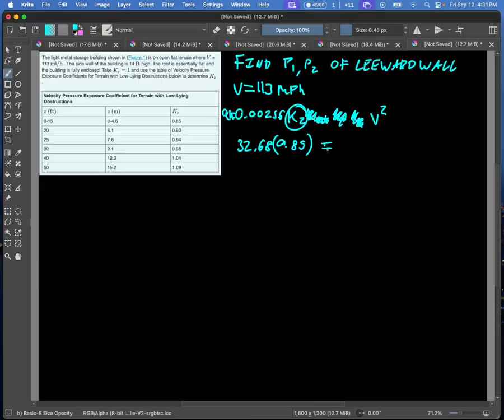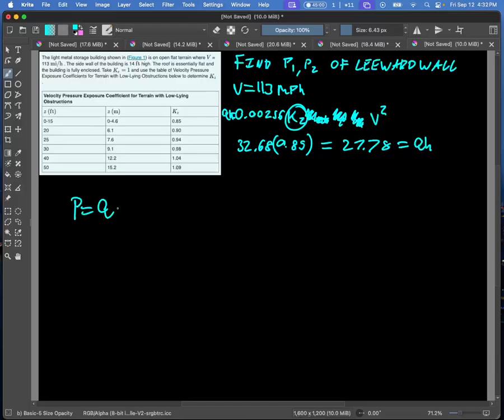So that means that QH slash QZ is going to be equal to 27.78. Sweet. That equals QH. So now that we know QH, we need to find P.